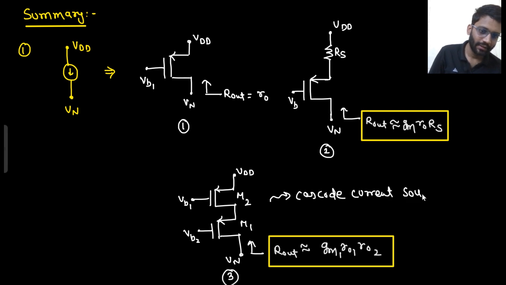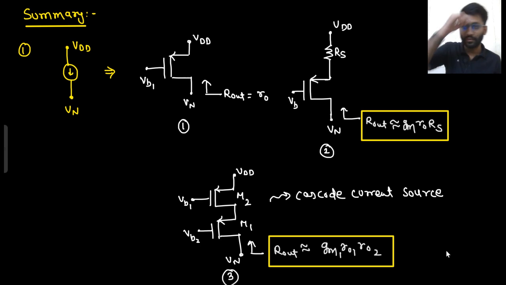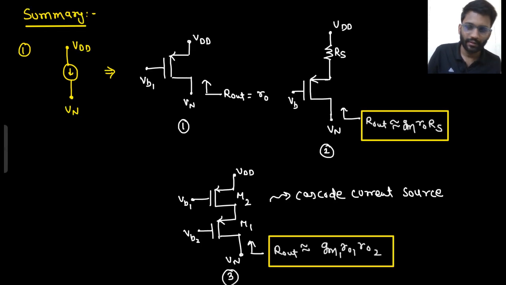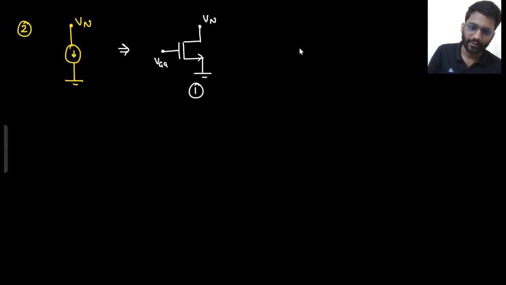Now we will make the same from VN to ground, from a particular node to ground. So what was the first one? We simply used a NMOS. This is the first one. What about the second? VN, what was the output impedance here?